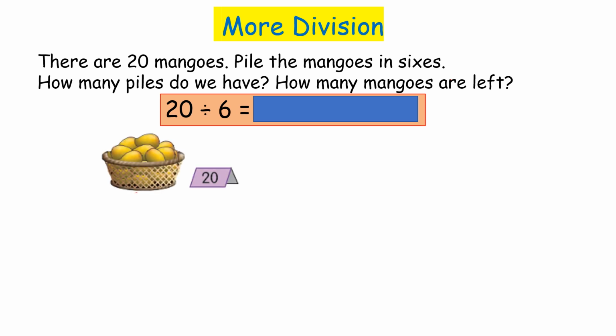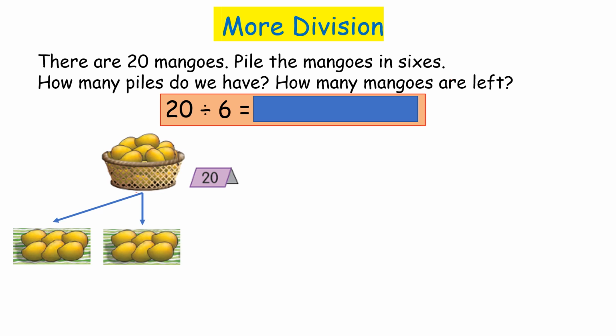This is the 20 mangoes, divided in sixes. This is the first group, one group of 6 mangoes, and then another 6 mangoes. So 6 plus 6: 1, 2, 3, 4, 5, 6, 7, 8, 9, 10, 11, 12.